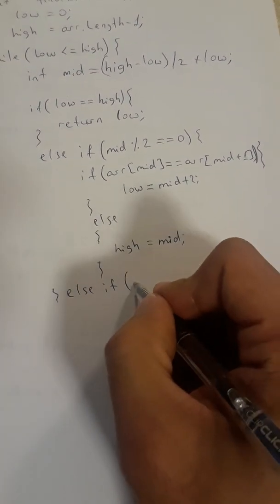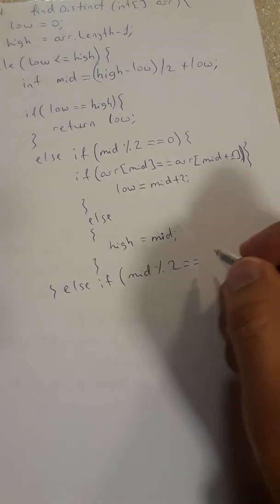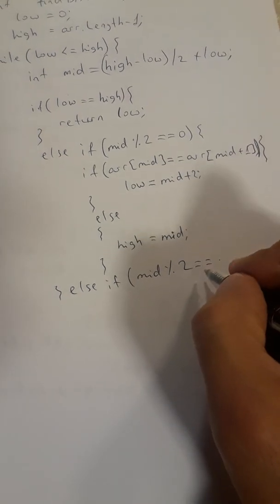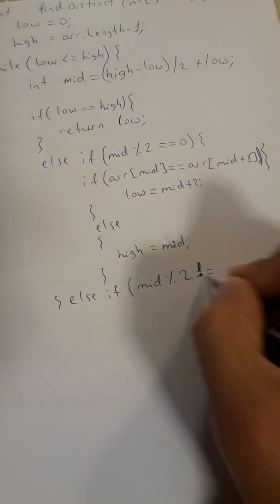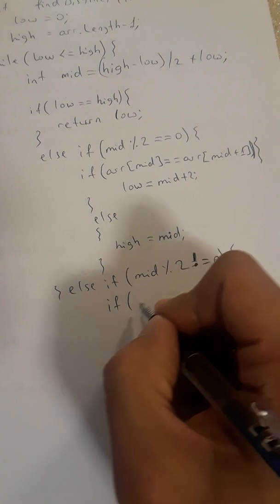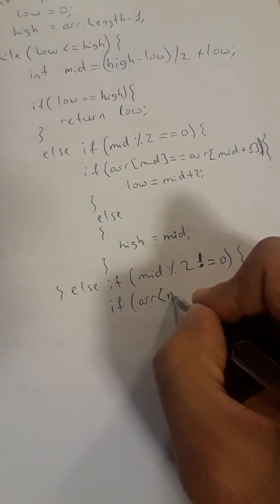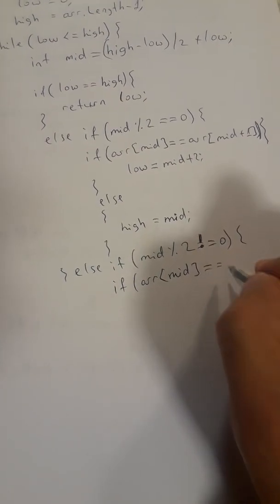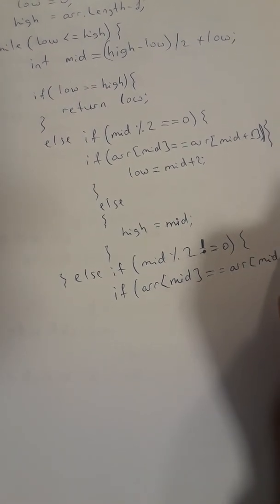Otherwise, else if mid is odd, like not equal to 0, meaning that it's odd, in that case I will compare my element with the previous element.